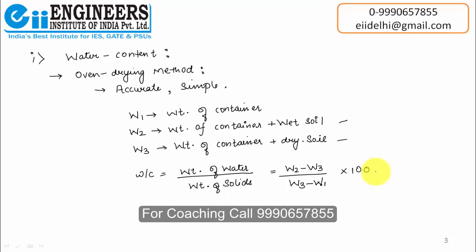One more thing to keep in mind is that generally we use a temperature of 105 to 110 degrees Celsius, but if we have organic soils such as peat, then this temperature should be restricted to 60 degrees Celsius, because if the temperature is more than 60 degrees Celsius, it may cause the oxidation of organic matter present in the organic soil. That is the reason that temperature should be restricted to 60 degrees Celsius. Okay, this is the most accurate and most adopted method that we use.